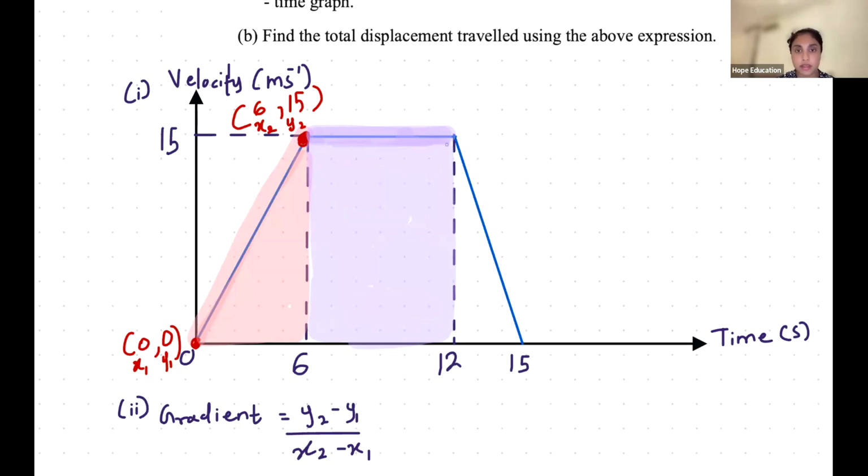What is the length here? 15. And what is the breadth here? 6. Breadth is 6. Length is 15. And now length into breadth, you get the area.